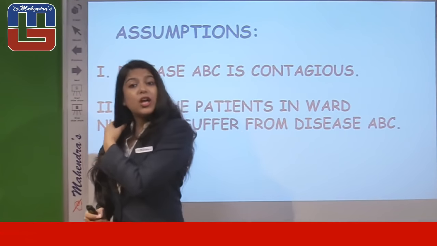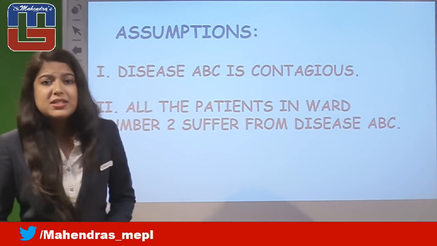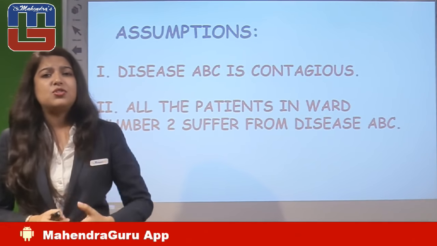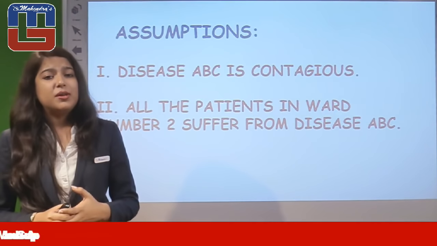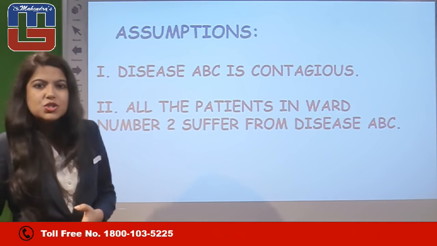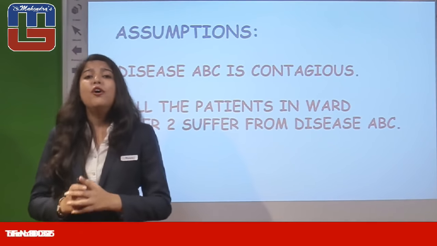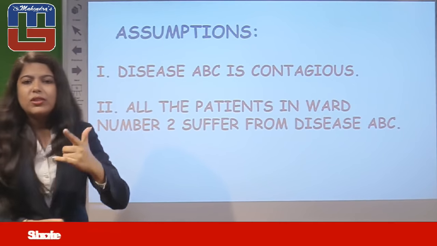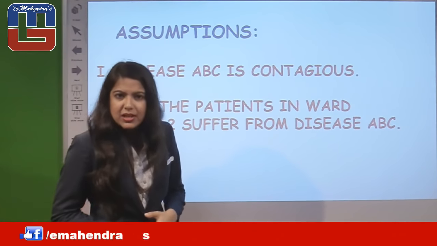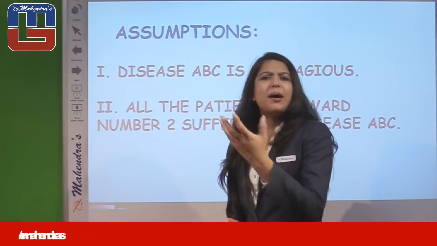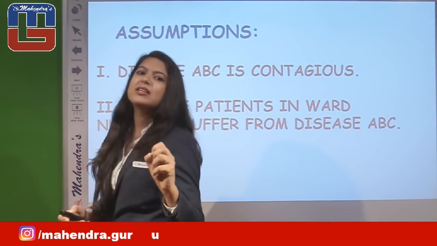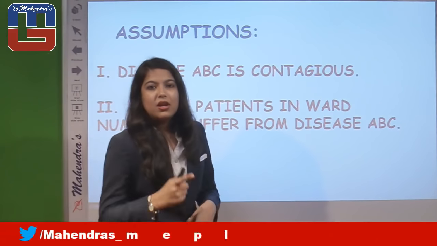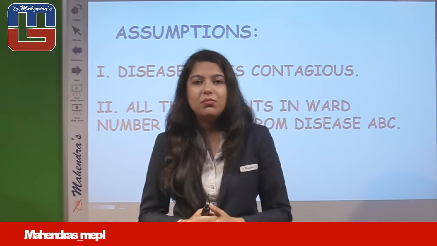Right? Now talking about the first one, whether it is implicit or not. If I say disease ABC is contagious, yes, this is also implicit because probability is shown here. So for this part, assumption number 1 and assumption number 2 both are implicit. Right? It could be taken with an example also. If I take a basic example, I have a board outside my home: Beware of dogs. Why am I having that board outside my home?